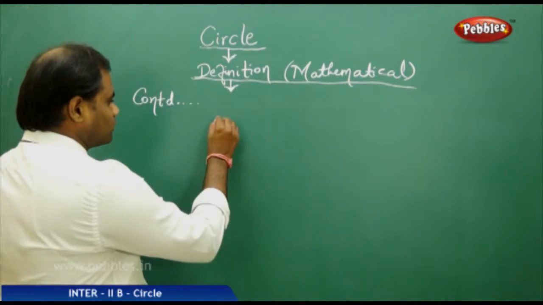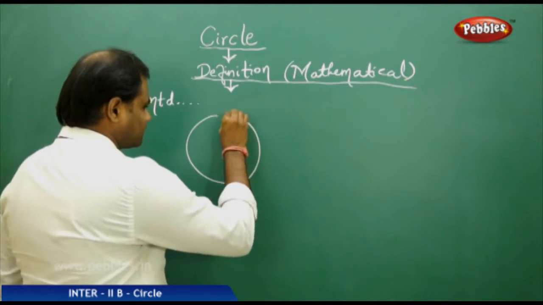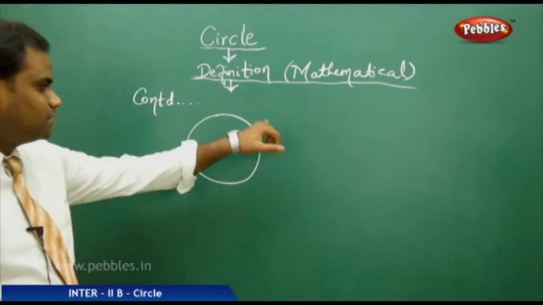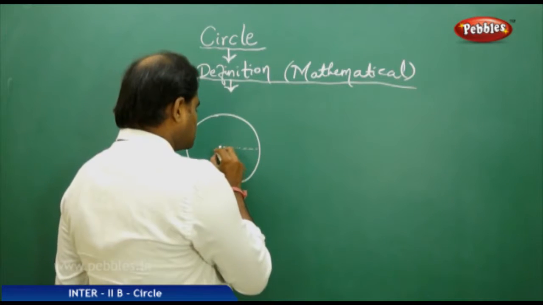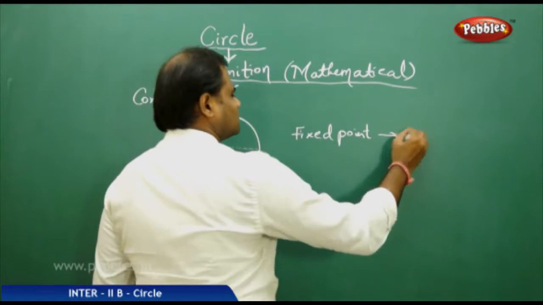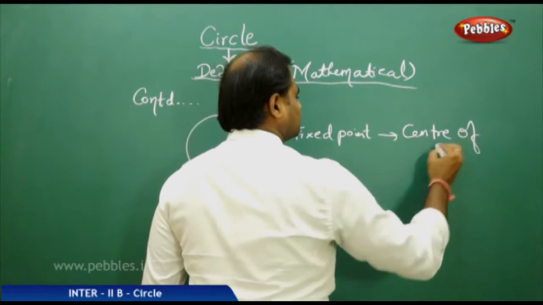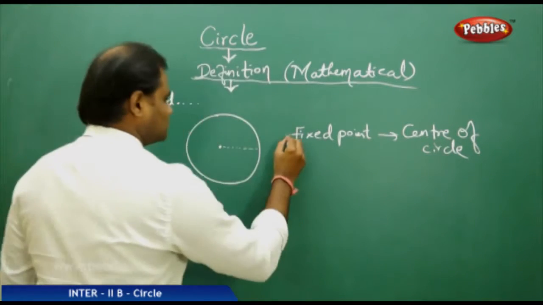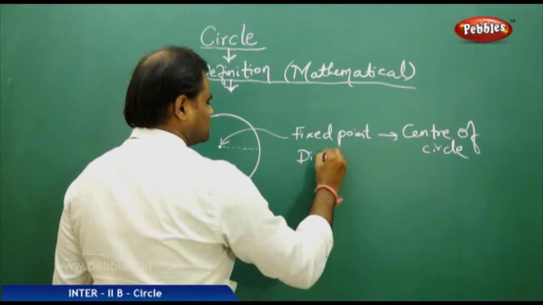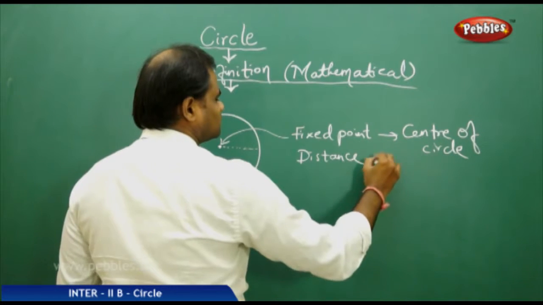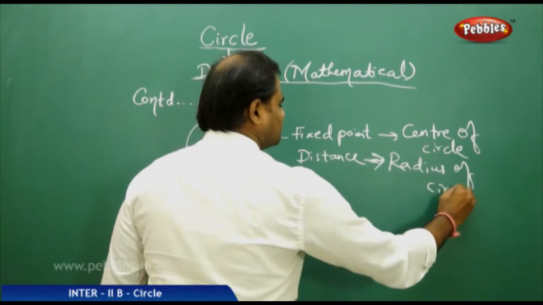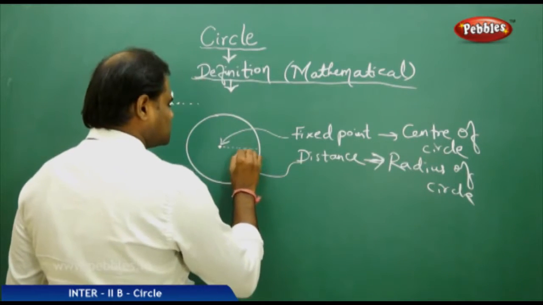Now, for a circle with a fixed point which is equidistant to any point on the rim or the circumference of the circle, this fixed point is called the center of the circle, and the distance is called the radius of the circle, which comes out to be this.